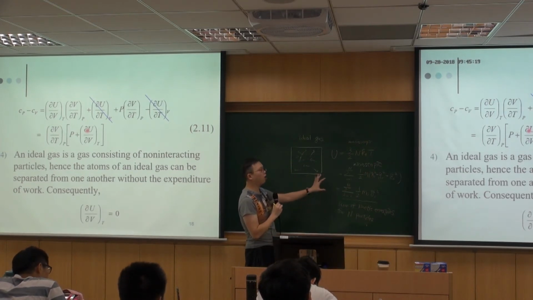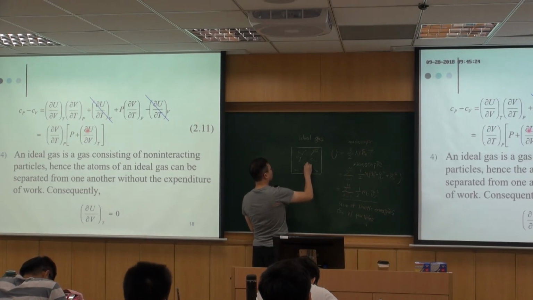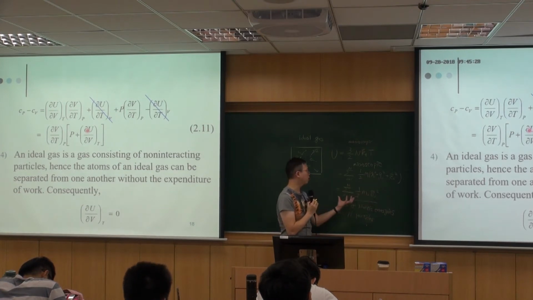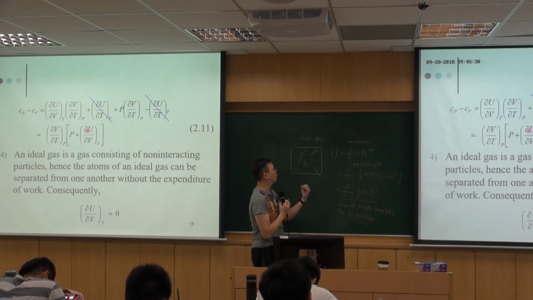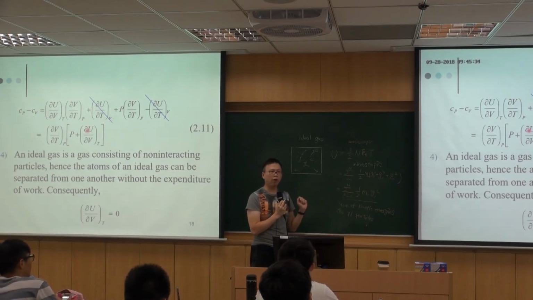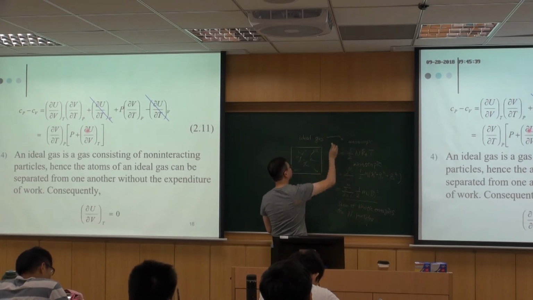Okay, so you add all the velocities, in terms of kinetic energies, together, and that's the total energy of the system. So there's no potential energy involved for an ideal gas. So again, this is an ideal gas.